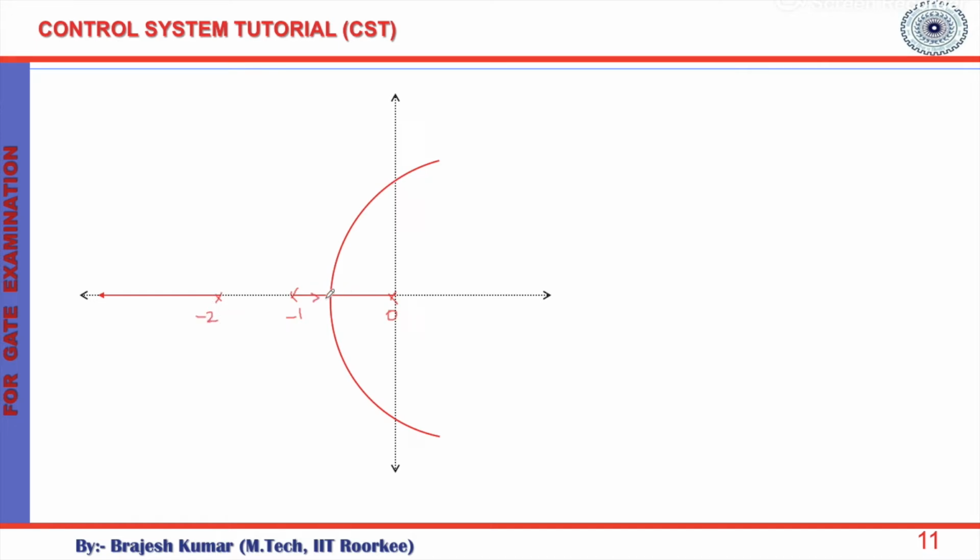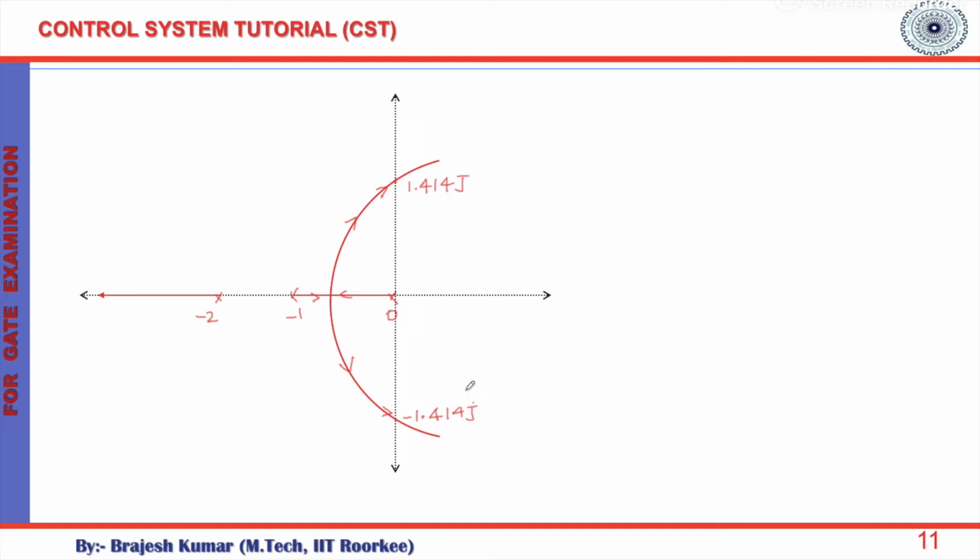And this is basically a breakaway point. The direction of movement of roots is like this, and this particular point, the intersection point, is basically given to be 1.414j, and symmetrically this point will be -1.414j.